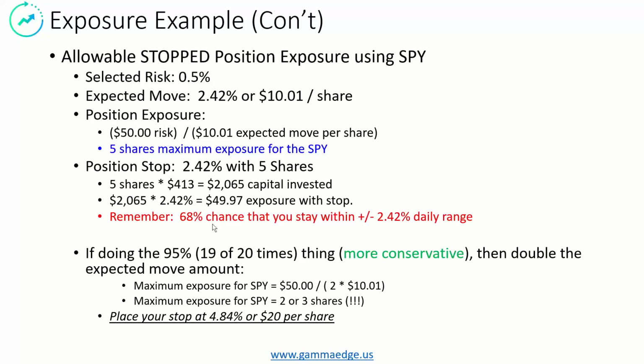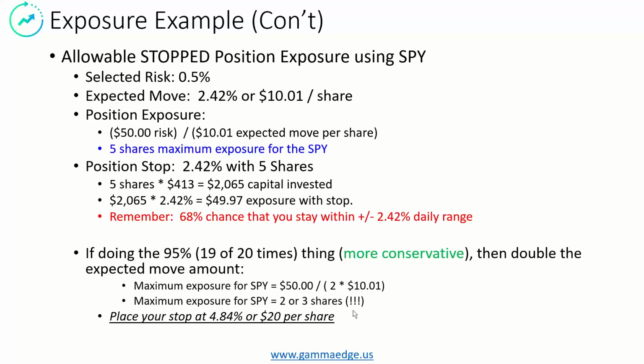So remember that 68% chance that you stay within 1 standard deviation and the daily range of 2.42%. Doing that at 95%, which would be the 2 standard deviations, and using the more conservative approach, 19 out of 20 times you would stay within those bounds and ranges.